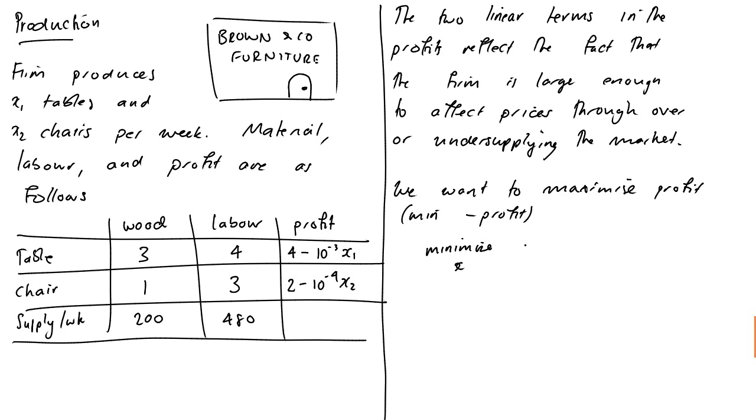So the profit per table is 4 minus 10 to the negative 3 x1 times the number of tables, and its minimum. Okay, and we're going to have the same kind of thing for the chairs. Let's get it the right way around. x2, 2 minus 10 to the negative 4 x2.